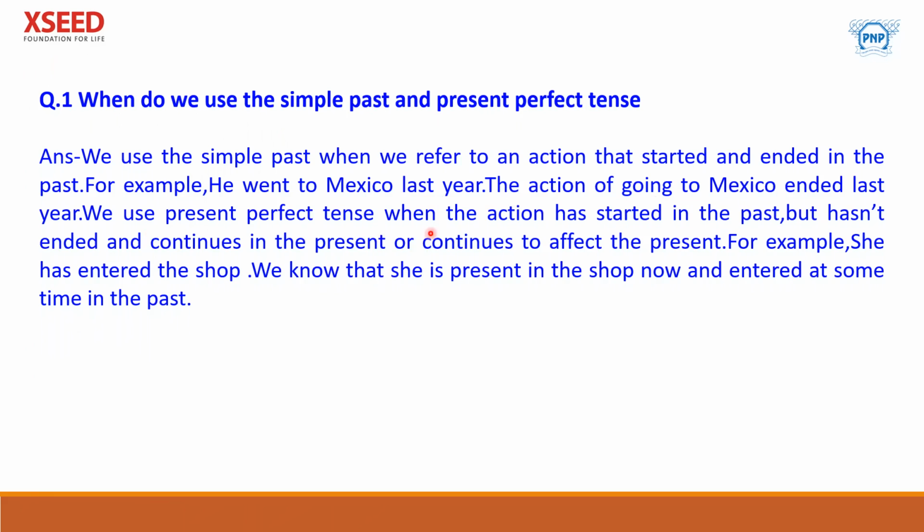We use present perfect tense when the action has started in the past but hasn't ended. When an action has started in the past but is not ended yet, then we need to use present perfect tense. Okay, so let's check once again. We use present perfect tense when the action has started in the past but hasn't ended and continues in the present or continues to affect the present.